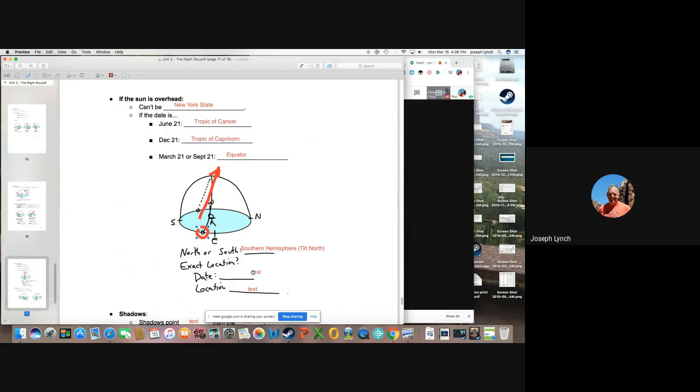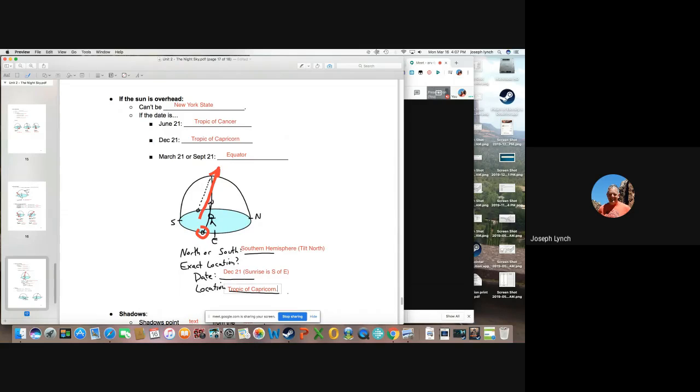So the date is, we're in the south again, so December 21st. Sunrise is south of east. All right, so therefore we must be in December. And then our exact location, the sun goes right over the person's head on December 21st. December 21st, it has to be the Tropic of Capricorn.